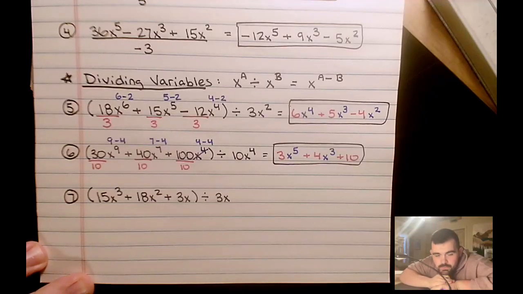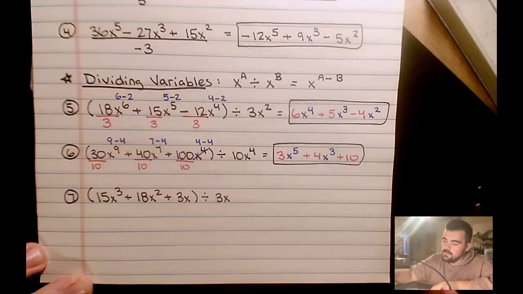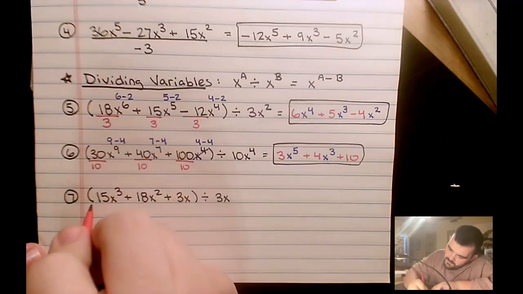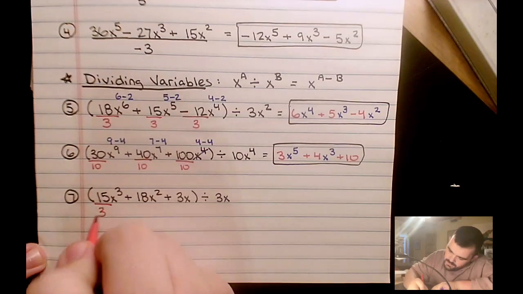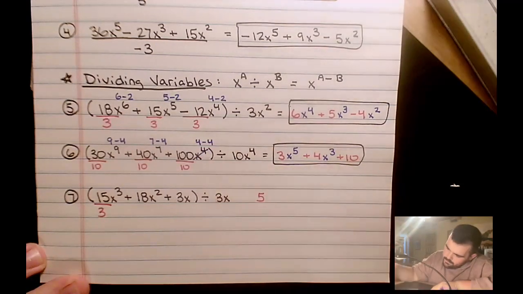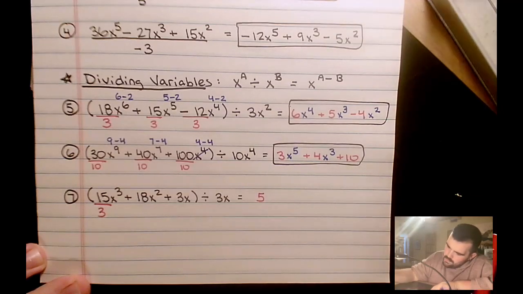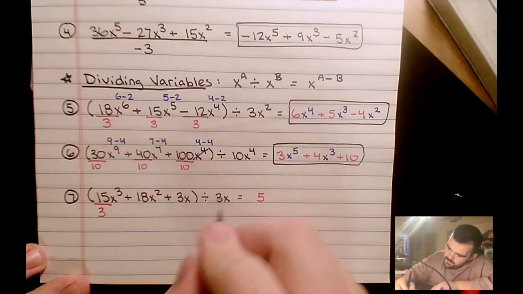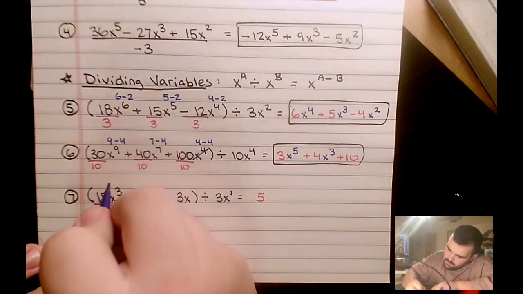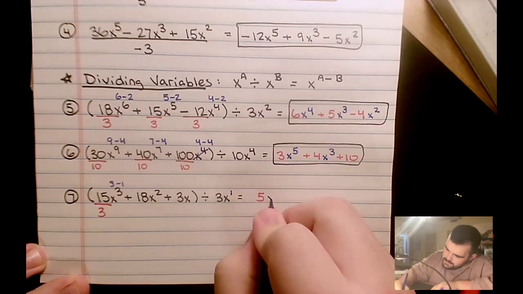15x cubed plus 18x squared plus 3x, all divided by 3x. So 15 divided by 3 is 5. And then x to the third divided by x to the first, 3 minus 1 is 2.